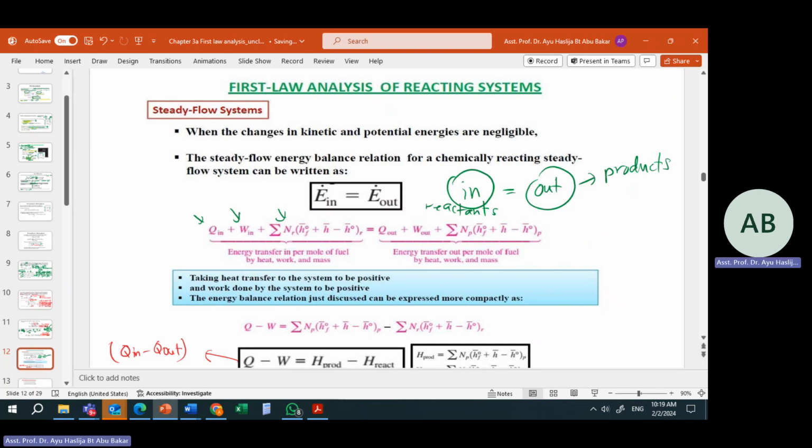Okay, reactants here inclusive the air, fuel plus the air. Product, whatever gas produced from your system. Okay, so now enthalpy over here is enthalpy of your reactant equals to the energy out, enthalpy of your product. Okay, the total.